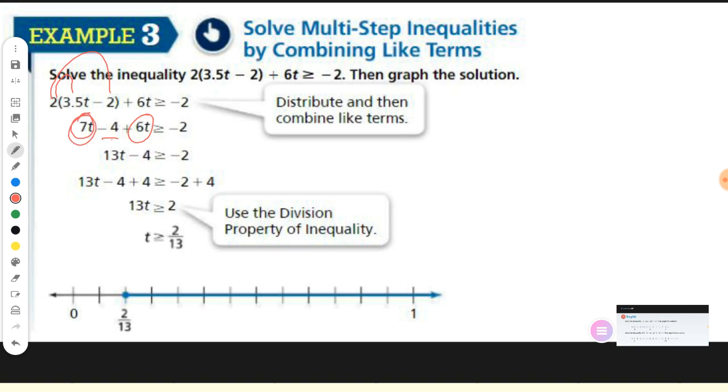Collect like terms, it will equal 13x minus 4 greater than or equal to negative 2.